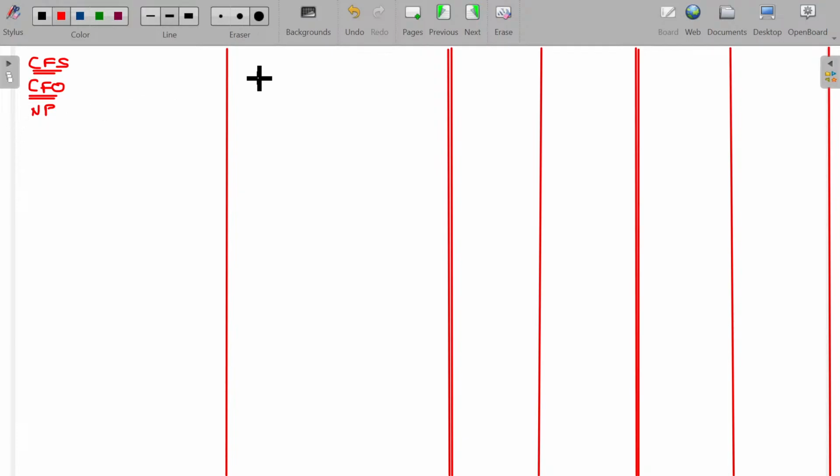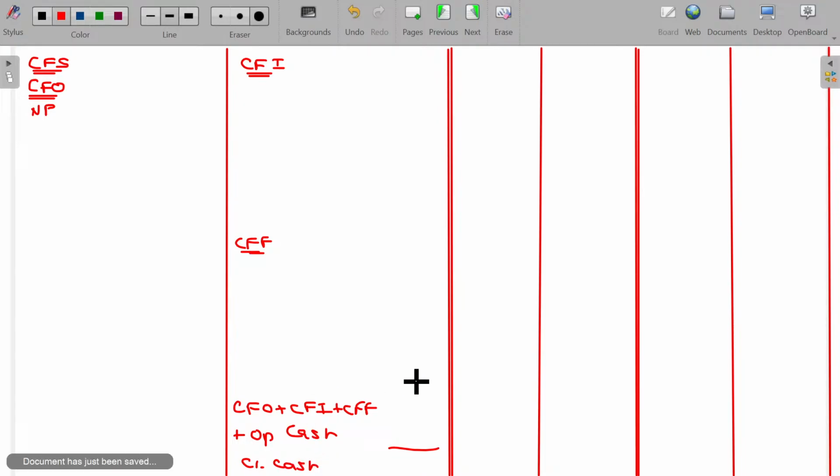Then cash from investing, cash from financing. With that, the opening cash balance should be added to get the closing cash balance. And we better prepare the working notes separately.